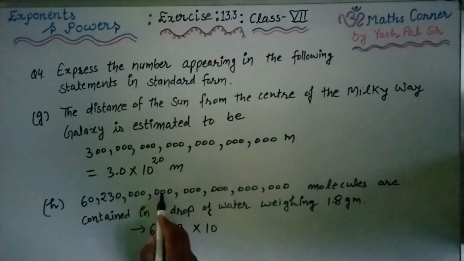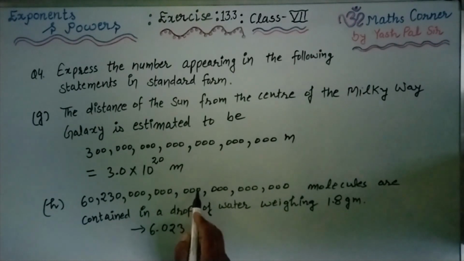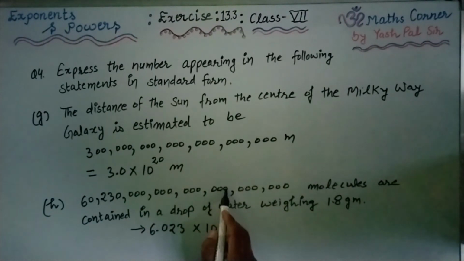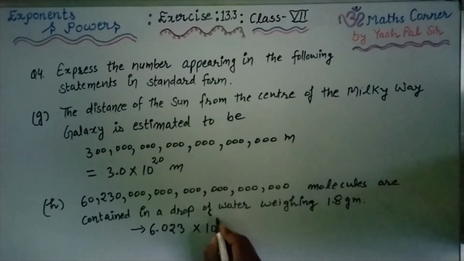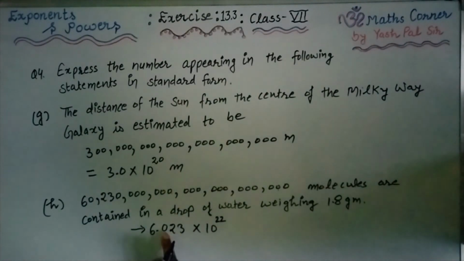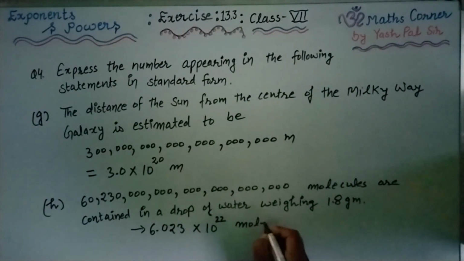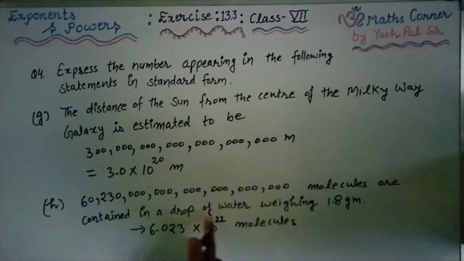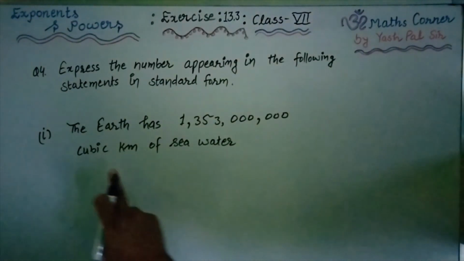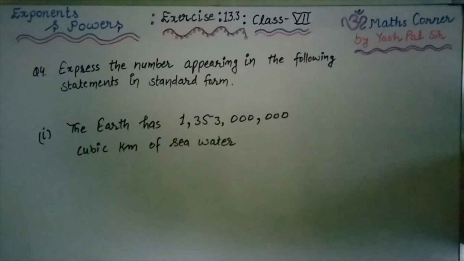After 6 we count the digits: 1 2 3 4 5 6 7 8 9 10 11 12 13 14 15 16 17 18 19 20 21 22. So 6.023 into 10 raised to power 22 molecules are there contained in a drop of water weighing 1.8 gram.